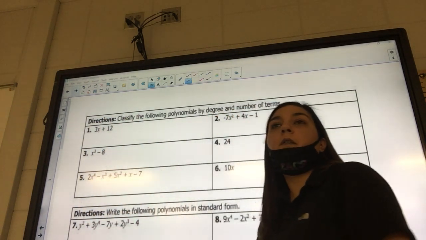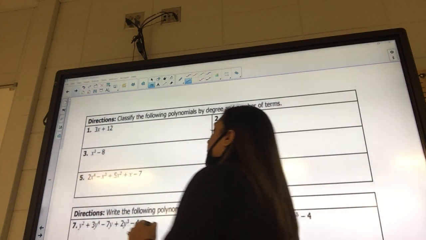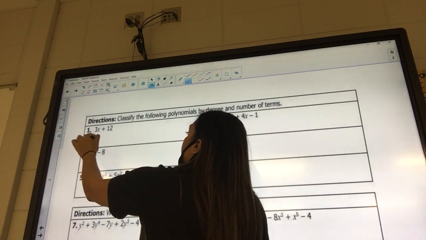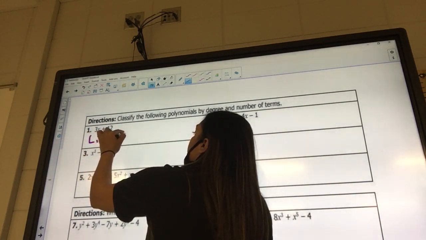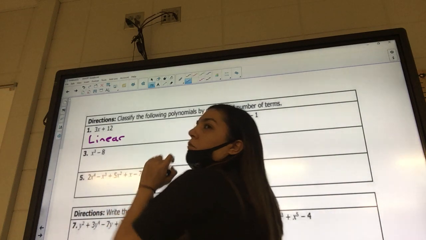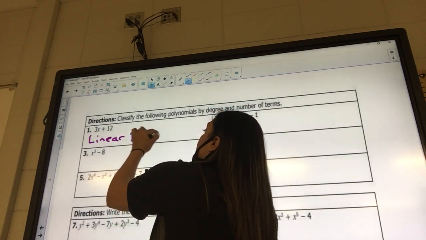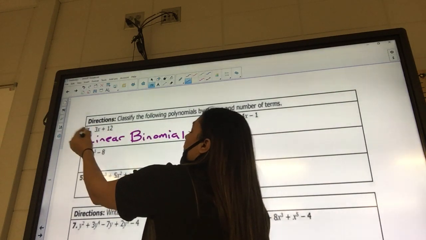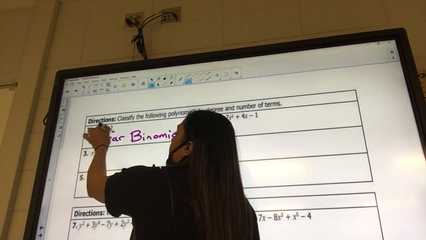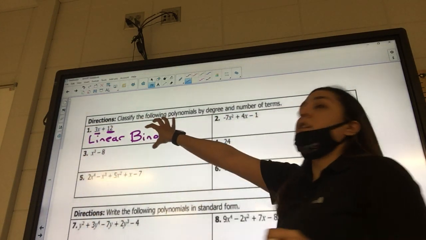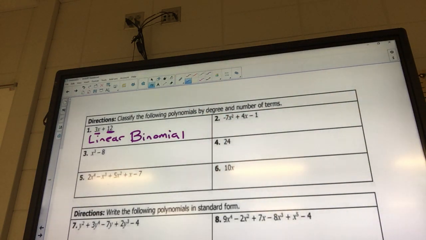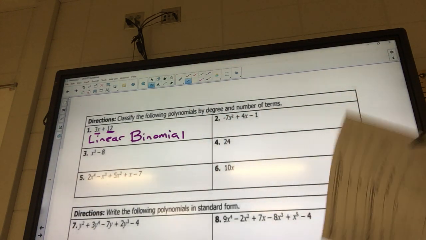Linear. And how many pieces does it have? 2. So it's going to be a binomial. So look, Ethan, we got 1 piece and 2 pieces. That tells us the back part. And you guys are just going to have to flip back and forth.